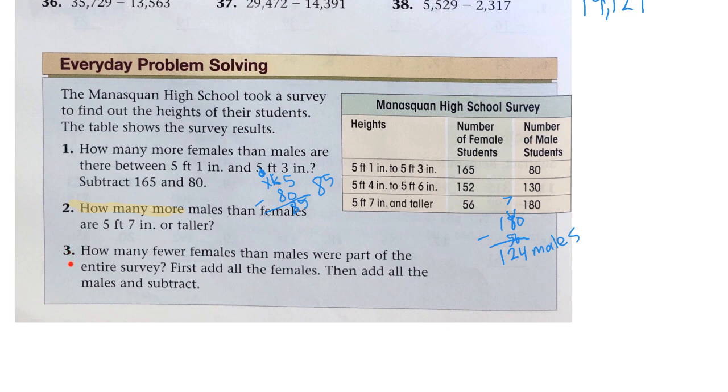Number 3. How many fewer females than males were part of the entire survey? First, add all the females, then add all the males, then subtract. All right, so let's add these up. First, let's make some space.